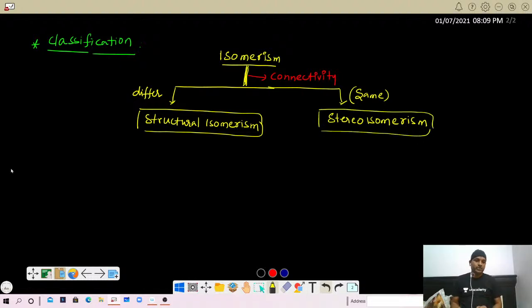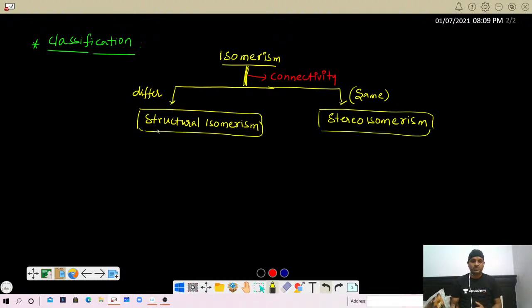Very good. One more thing you have to notice: in structural isomers the connectivity is different, while in stereoisomers the connectivity is the same. Based on this different connectivity, different types of isomers arise.